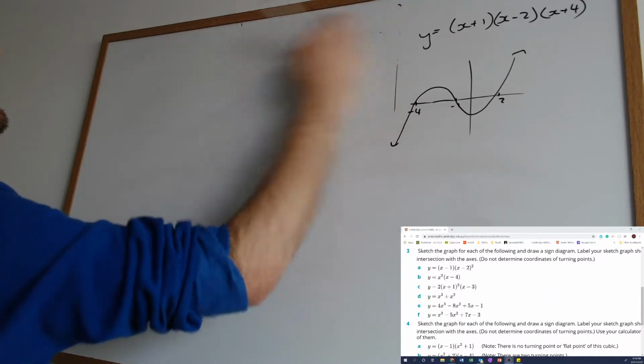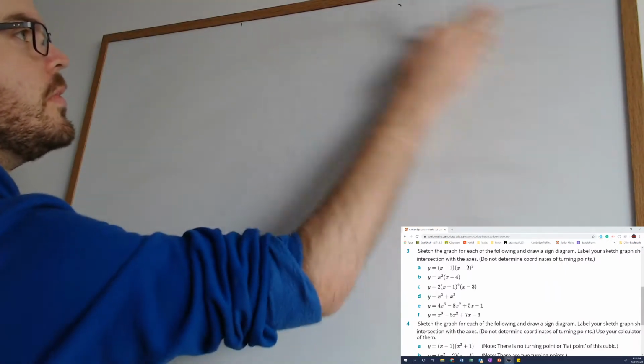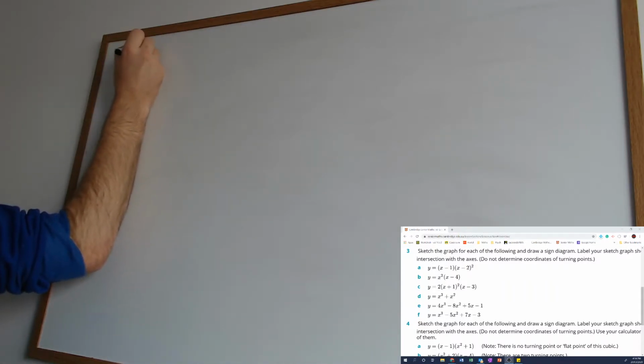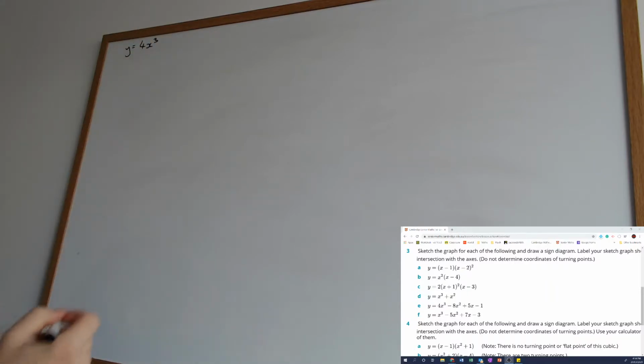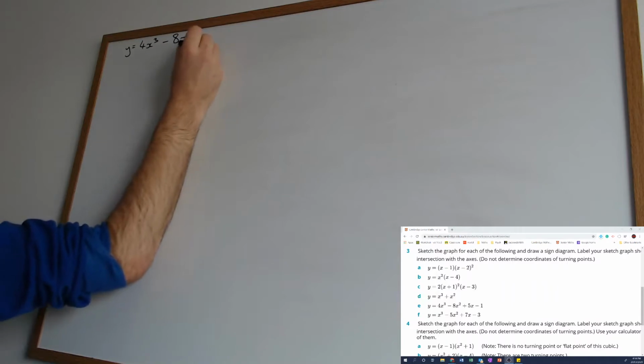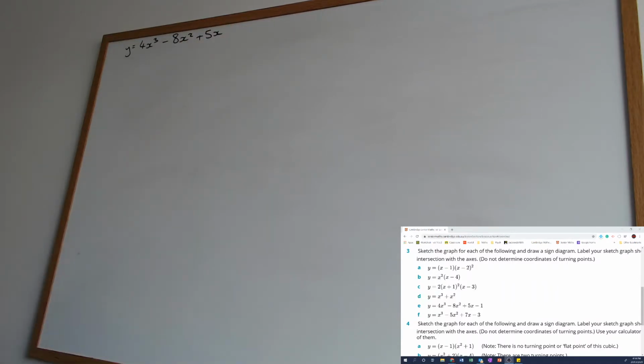And if it helps, just remember: point of inflection if it's cubed, turning point if it's squared, and intercept if it's a linear factor. So let's see if we can factorise this: 4x cubed minus 8x squared plus 5x minus 1.